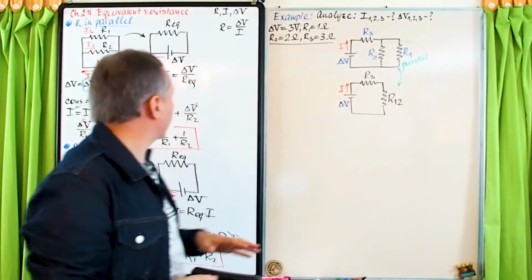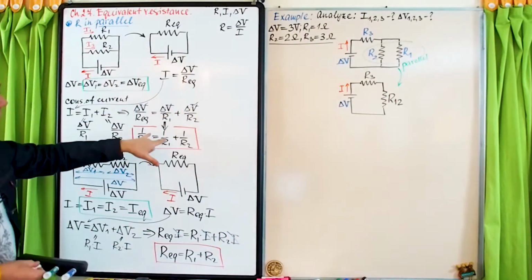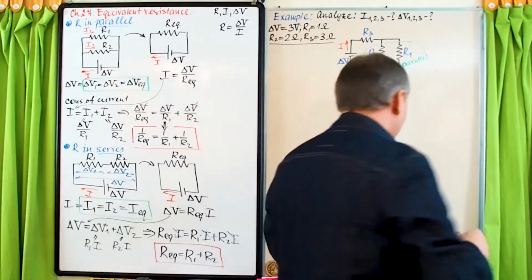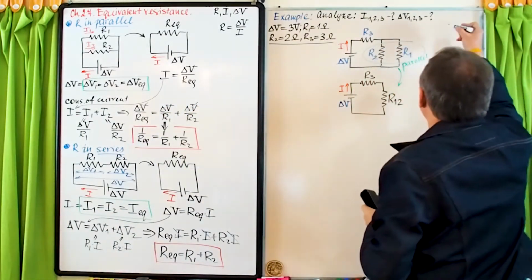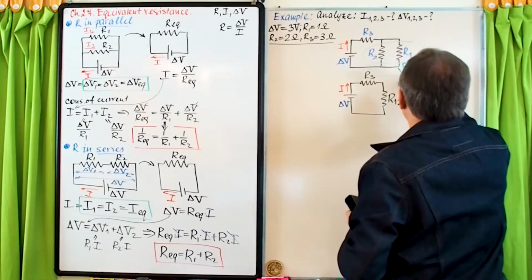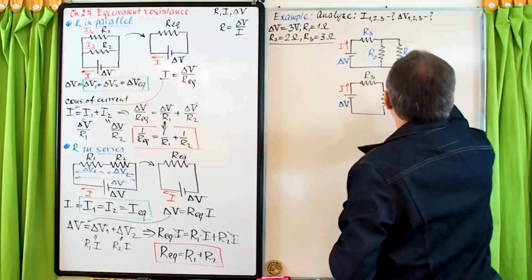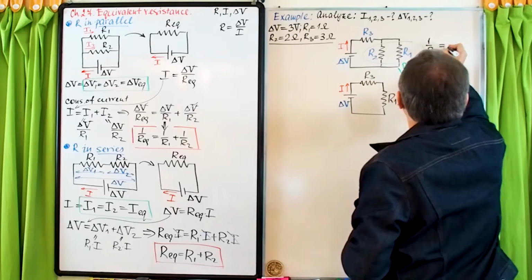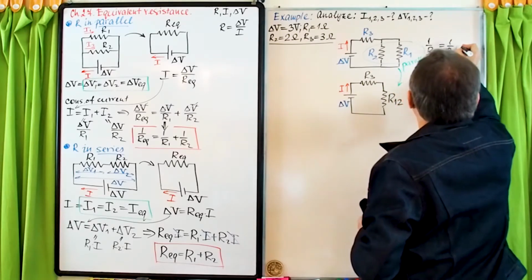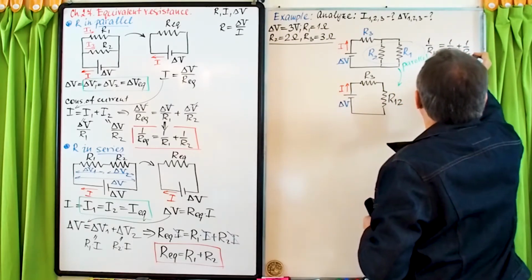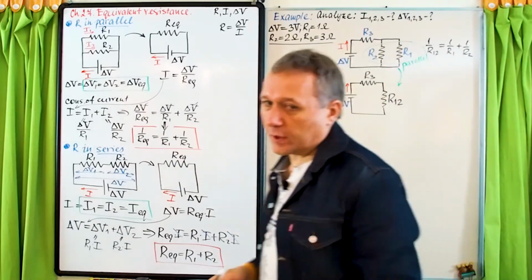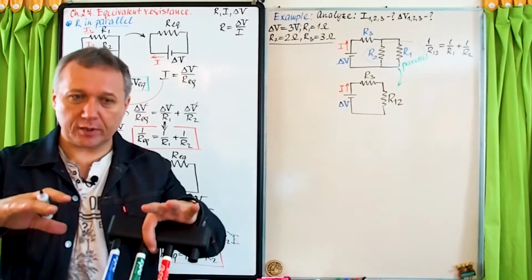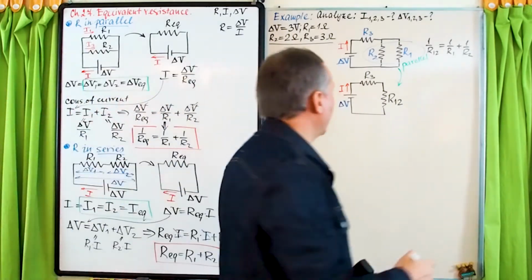Okay, so now let's find R12. Parallel case, so we need to use reciprocals. I don't like this formula, but no options. So 1 over R12 equals 1 over R1 plus 1 over R2. We can start calculating immediately, but I usually bring it to the common denominator and flip it.